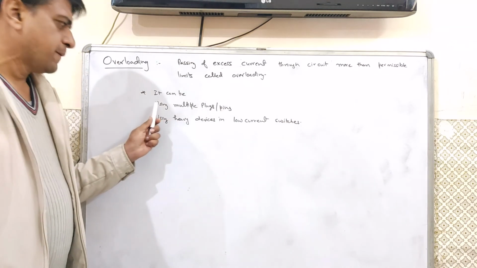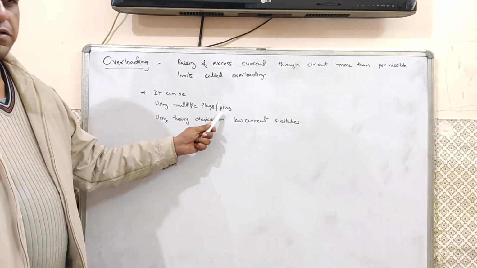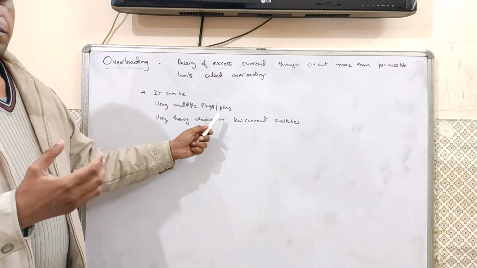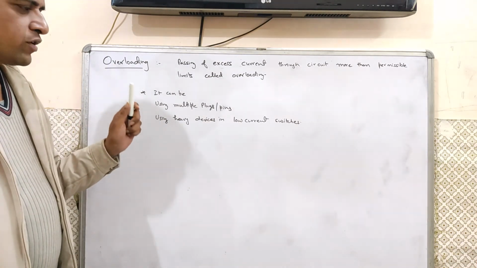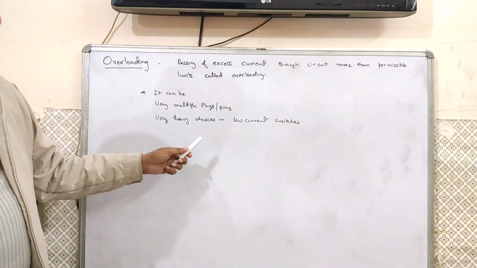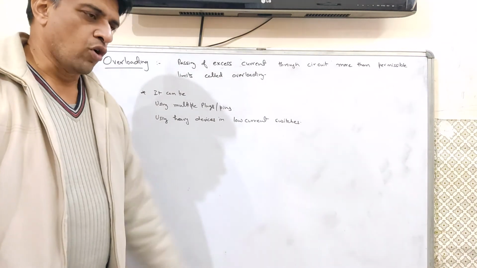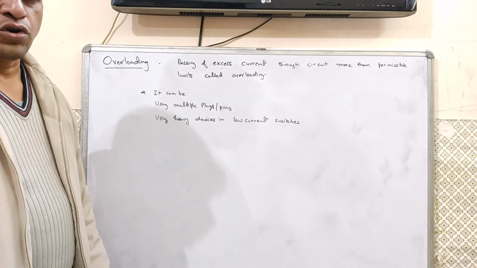For example, using multiple plugs and pins to run many devices on a single switch may also lead to overloading. Secondly, heavy devices in our small switches which are of low current.